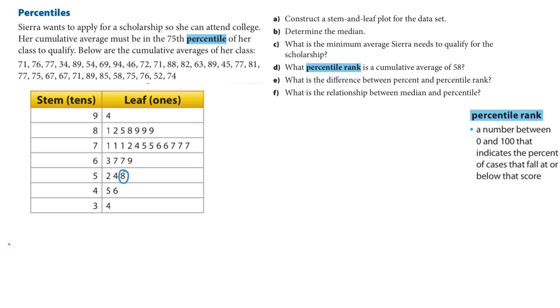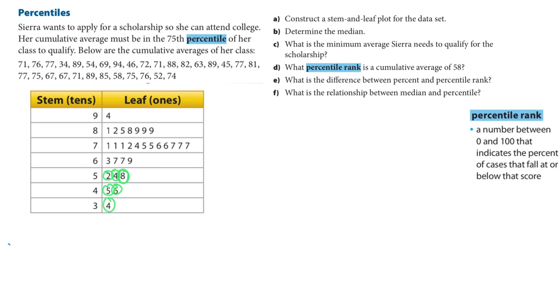What we do is we count how many cases are below, divided by how many total cases. There are 1, 2, 3, 4, 5, 6 cases below 58, right?